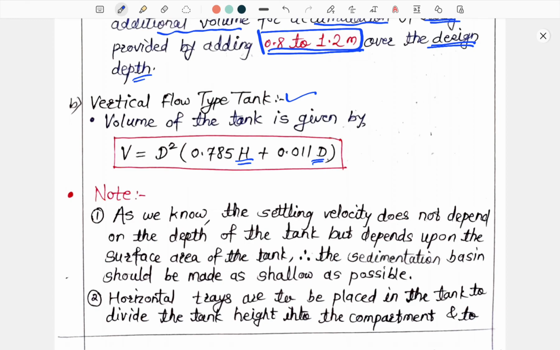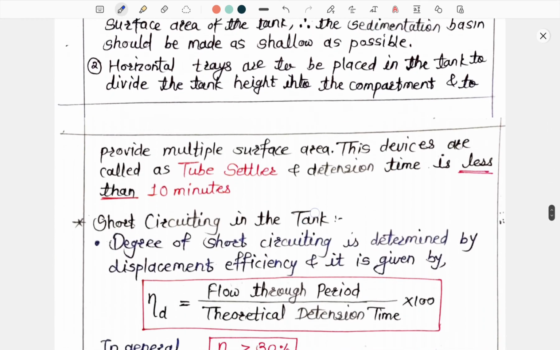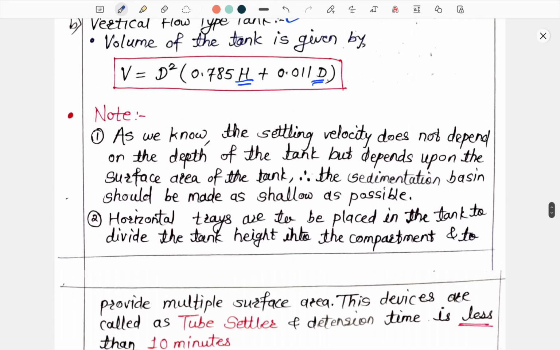Here note some points. As we know, the settling velocity does not depend on the depth of the tank but depends upon the surface area of the tank. Therefore, the sedimentation basin should be made as shallow as possible. Important point.